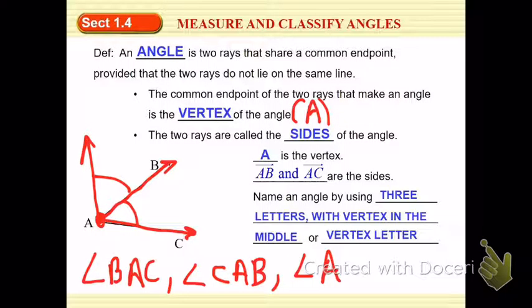Or this angle? Three possible angles. By adding one ray, I now have three possible angles at A. So only name it angle A if it just has two rays coming from it, or two lines or whatever going through it. Is that clear? All right.